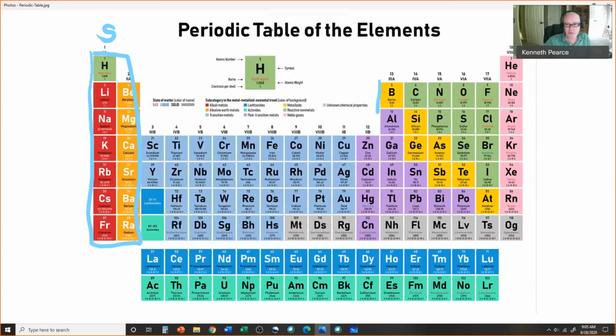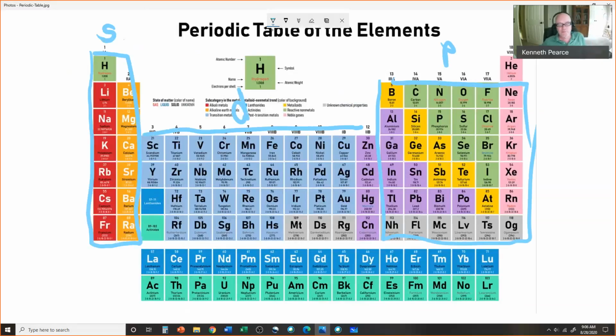And this block right here is the P block. And everything in the middle over here with the transition elements is actually the D block. And so we have S, P, and D level elements.